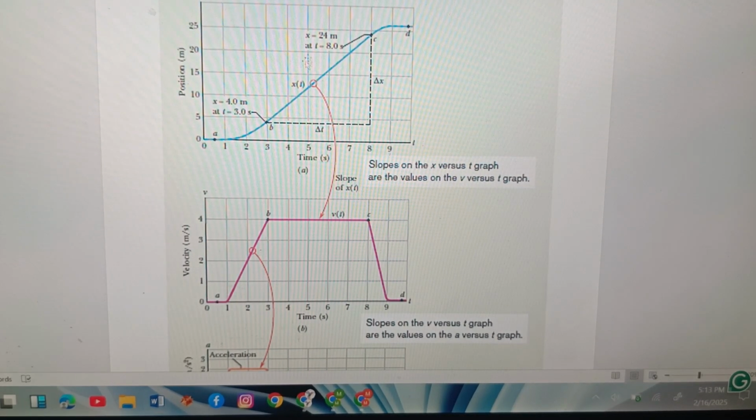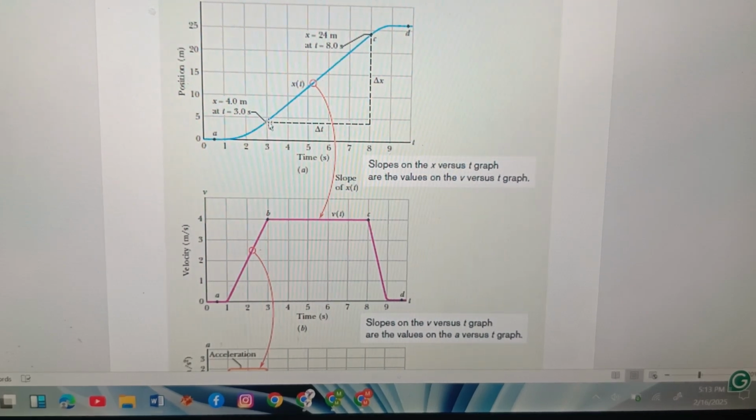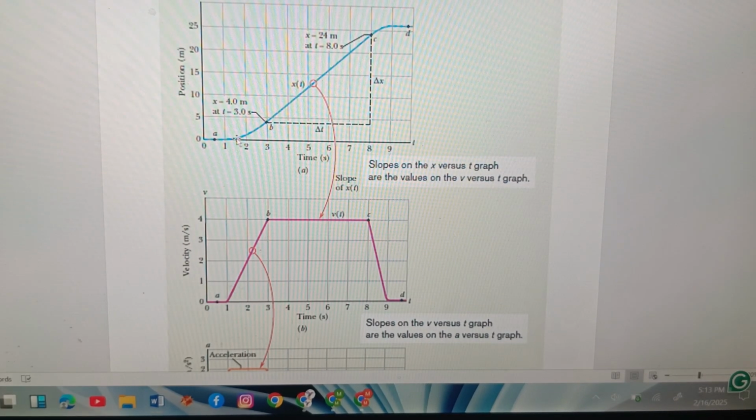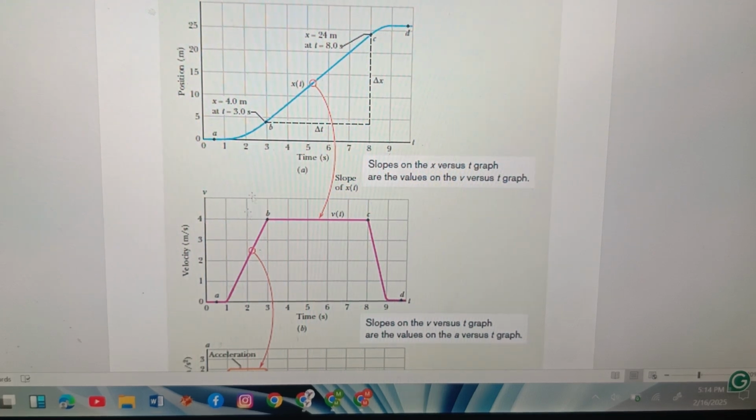Now for part A to B, we can see that our curve is increasing, so it means that the values are changing. When we take the initial to final value, since velocity is the rate of change of displacement per time, we will do 5 minus 0 divided by the difference 3 minus 2.